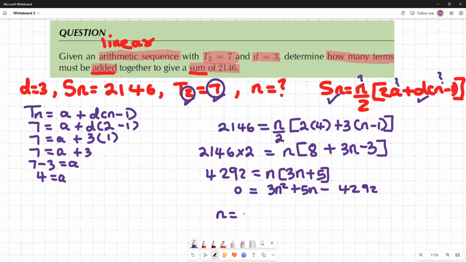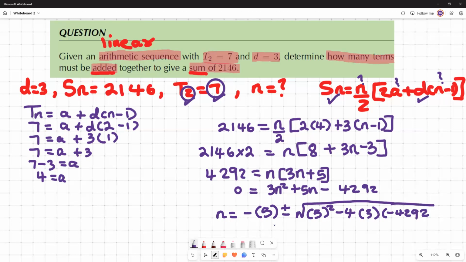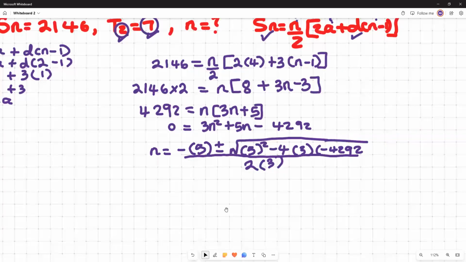So n equals negative b, which is negative 5, plus or minus the big square root of b squared, which is 5 squared, minus 4 times a, which is 3, times c, which is negative 4292, and that will be all over 2 times a, which is 3. Now let's punch that on our calculator and see what it gives us. Remember it's going to give you two answers.